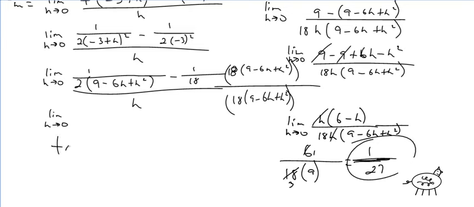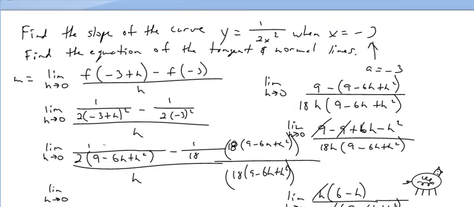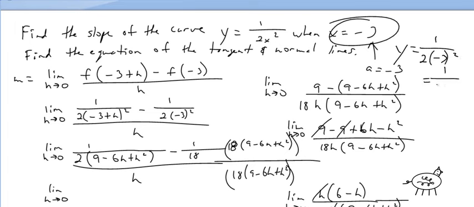Now I want to come up with my tangent equation. Well, that's really easy. Let's go back to our original problem here, math fans. Right, x is -3. So what is y equal to? Isn't y equal to 1 over 2 times -3 squared, which is 1 over 18? That's y.